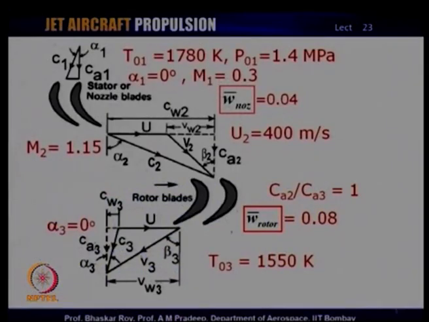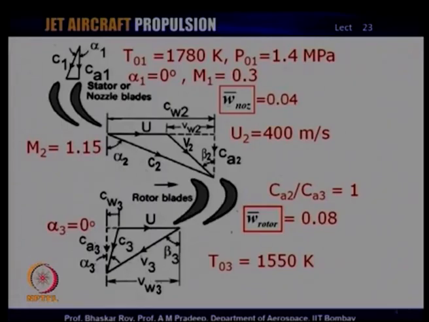Now, we try to put the problem statement in terms of the mean radius, as it has been prescribed, in terms of the velocity diagram that we have done before. The problem statement cast onto the velocity diagram that we are familiar with shows that the entry temperature at station 1 has been prescribed as 1780 K, and pressure has been prescribed.